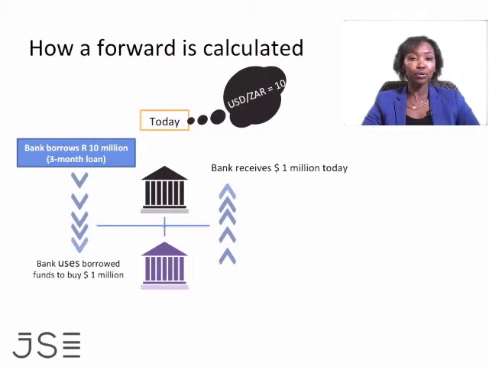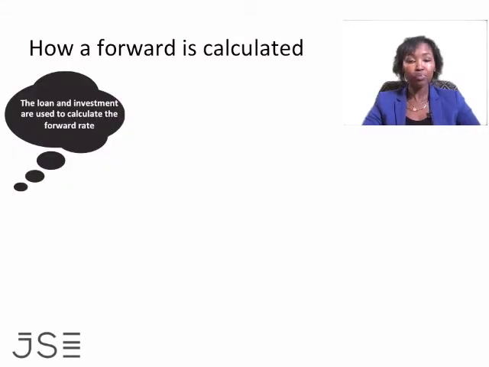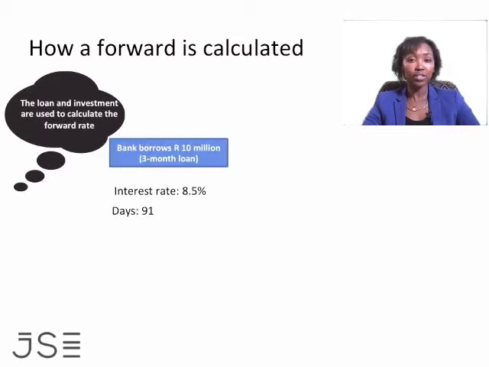The bank would then receive the $1 million today and invest it in a 3-month investment. And why is that all important? Because you then use the rate from the loan of the 10 million rands and the investment of the US dollars to calculate the forward rate.